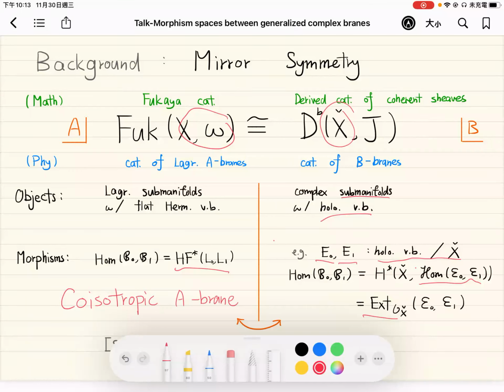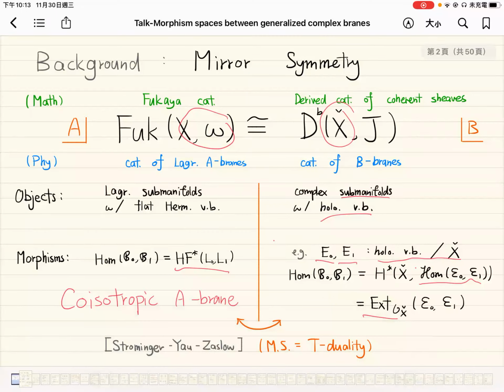They expect that the Fukaya category on the A-model side should be enlarged with this kind of new A-branes for homological mirror symmetry to be true. I'll give an illustration of how coisotropic A-branes emerge on the A-model side using the SYZ mirror symmetry picture, which says that mirror symmetry is the phenomenon of T-duality. So we go to the next page.